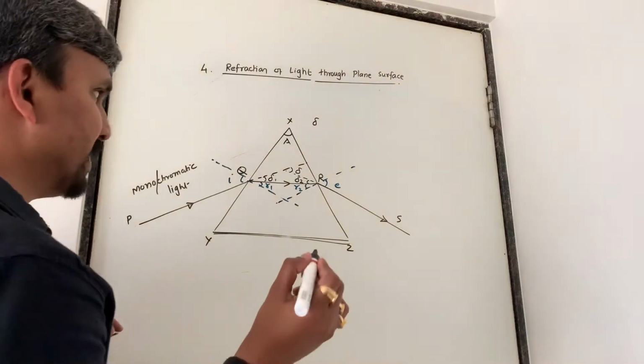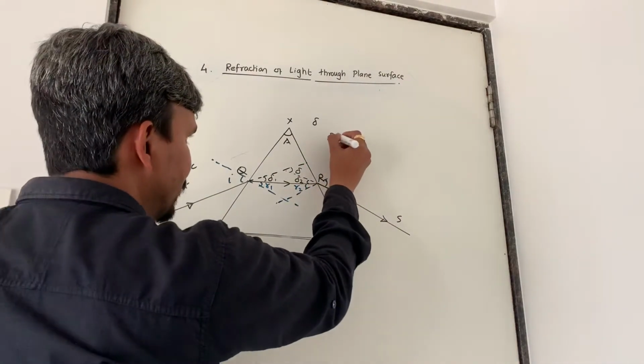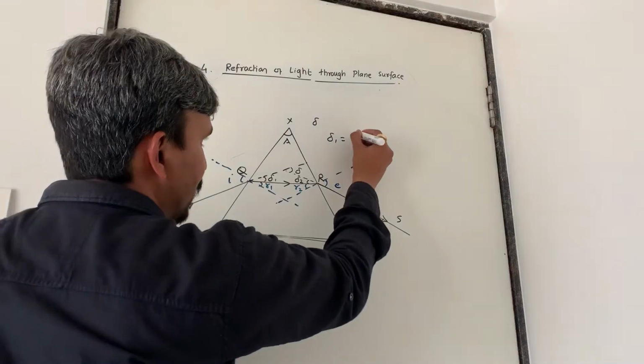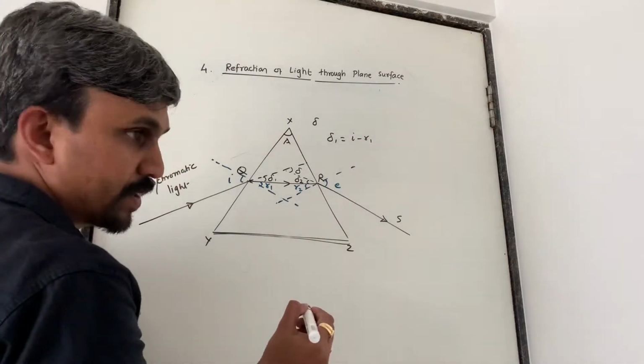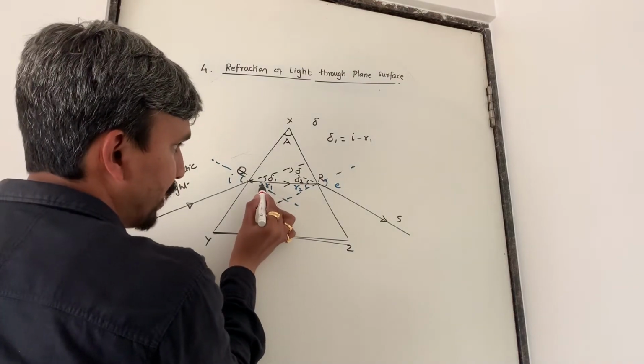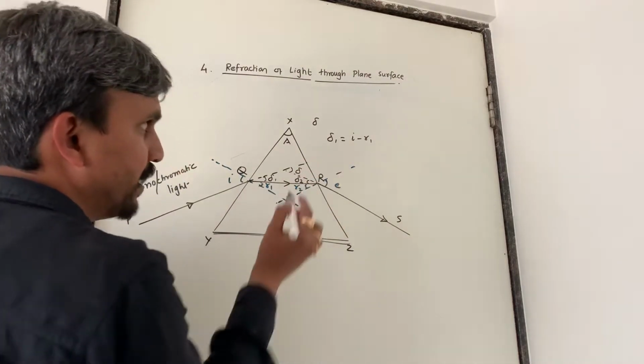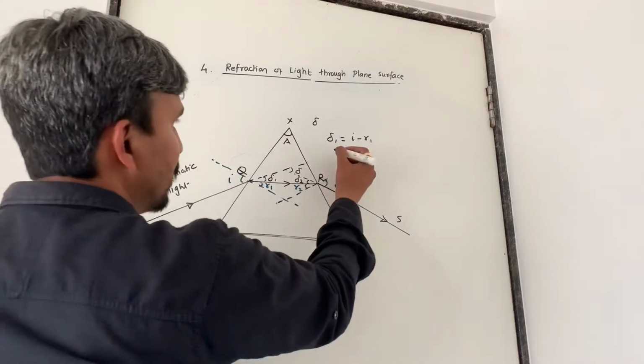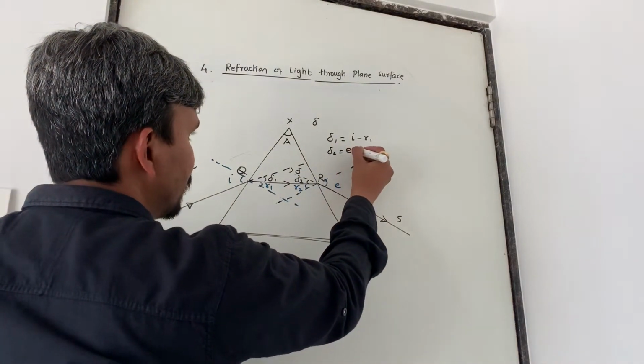Now can I say delta 1 is equal to I minus R1, because this entire part is I, out of that this is your R1, so the remaining part will be I minus R1. Similarly, delta 2 is nothing but E minus R2.